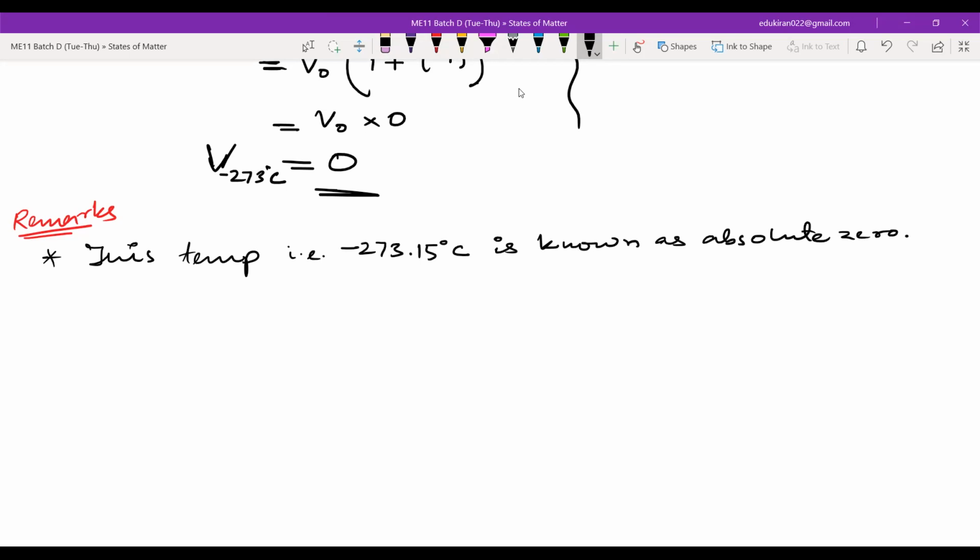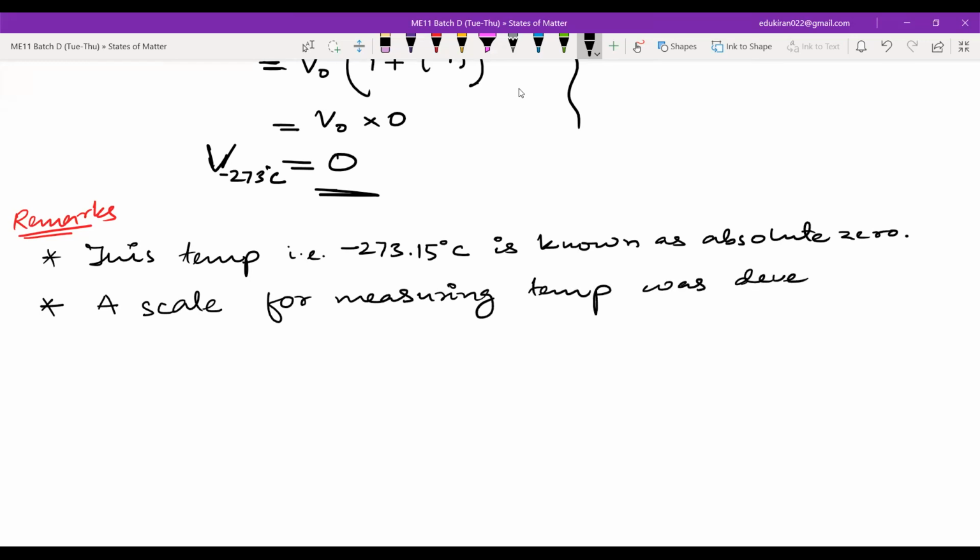It is not relative zero as 0 degrees Celsius. 0 degrees Celsius is not an absolute scale of temperature, it is a relative scale of temperature. And since it is absolute zero, a scale for measuring temperature was developed using absolute zero.